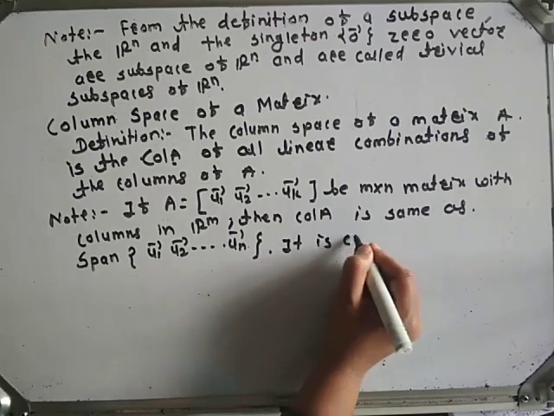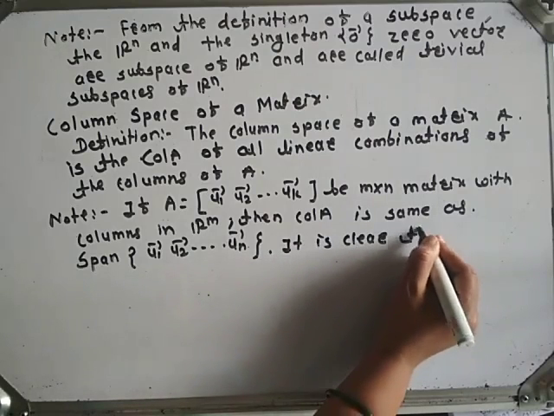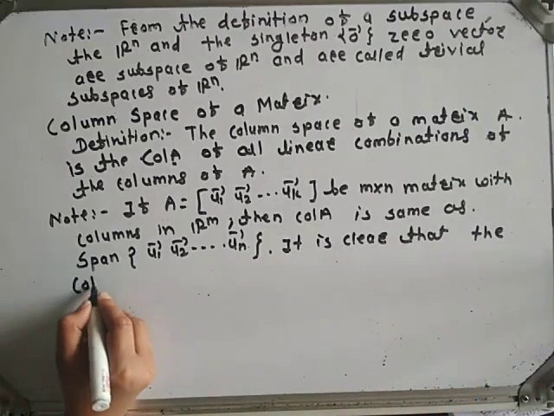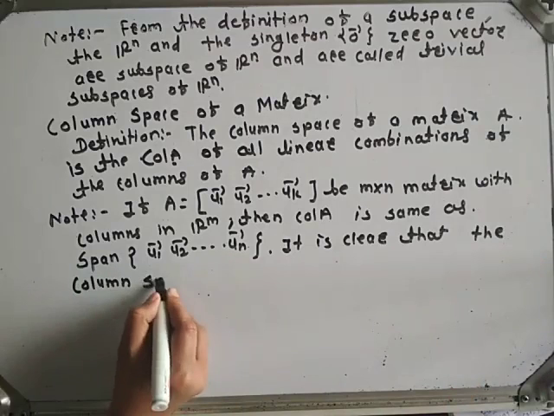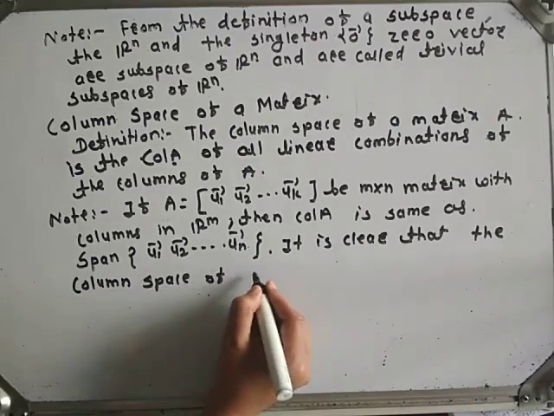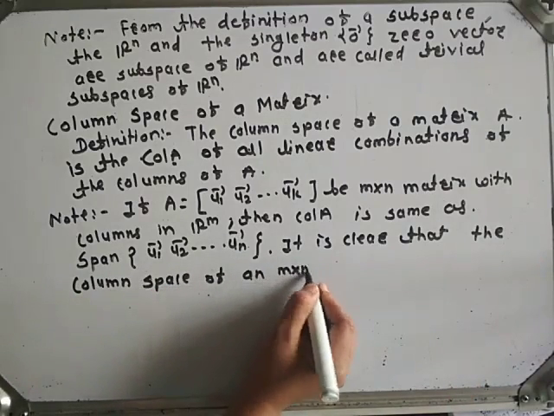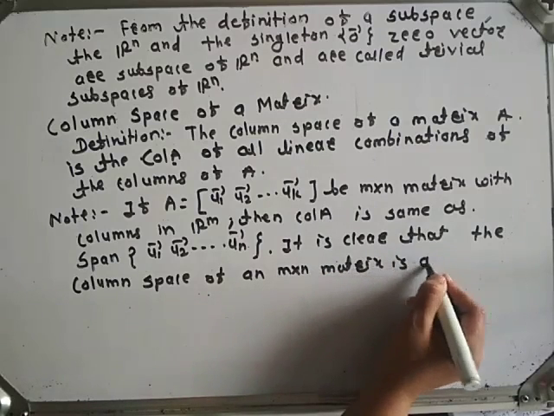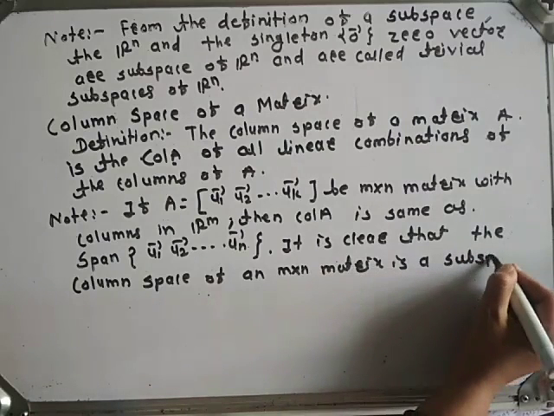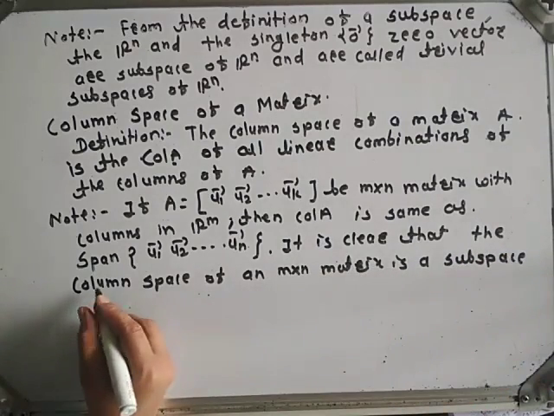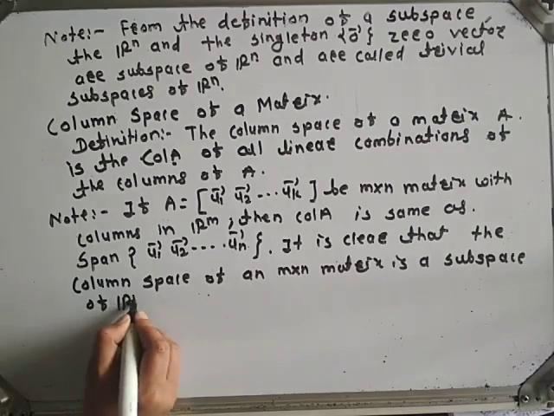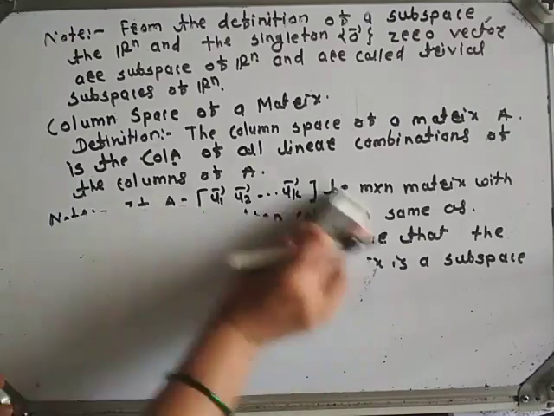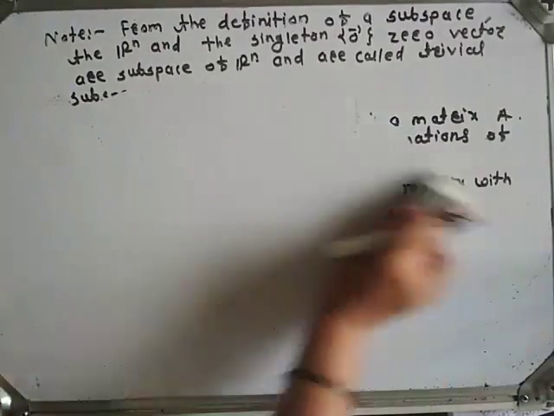It is clear that the column space of an m by n matrix is a subspace of Rm. Okay.